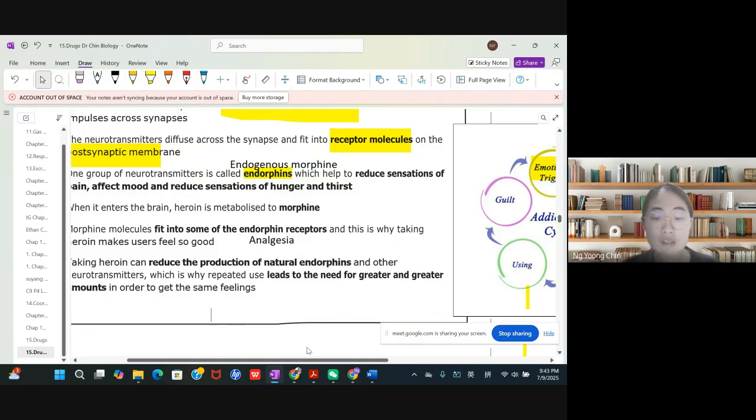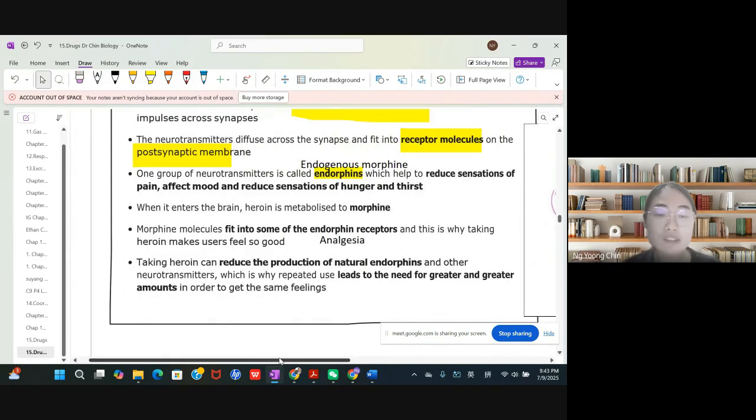But once you take more heroin, you reduce the natural endorphin production. So whenever you stop taking heroin, you don't have natural endorphin production, and you feel more pain, even worse than before you used heroin. You feel more pain because you totally don't have natural endorphin at all. So that's why drug addicts cannot cut off the drug. That's the reason.